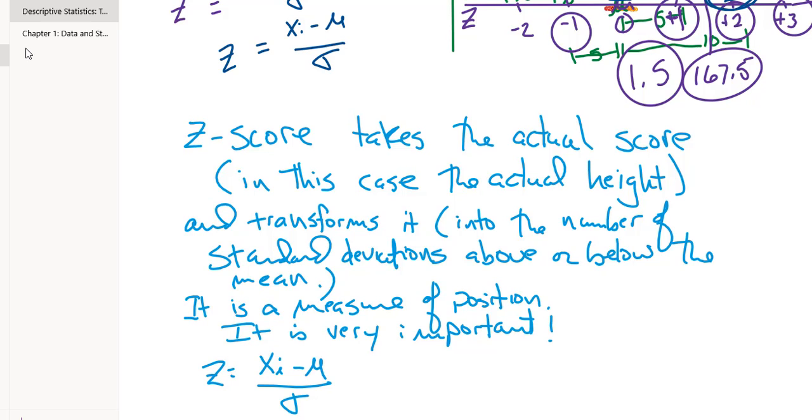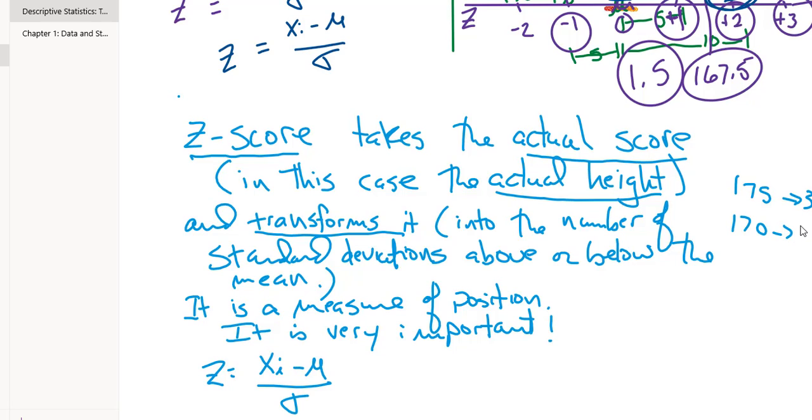Okay, let's review this once because the z-score is so important. The z-score takes the actual score, in this case the actual height, and transforms it. We start with 175 and transform that to 3, or we start with 170 and transform that to 2, or 165 to 1, or 155 to -1.